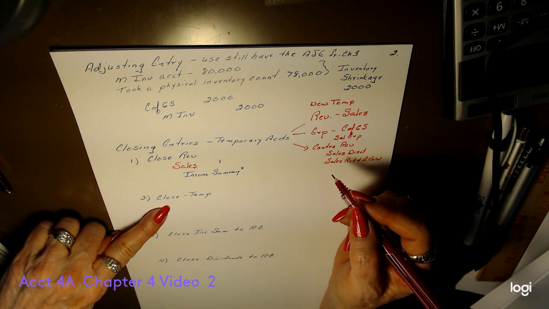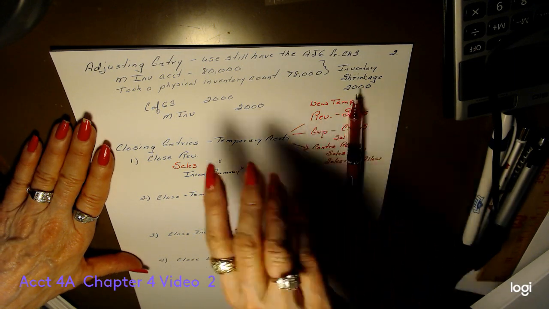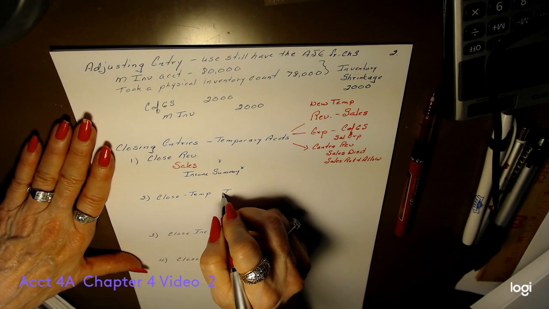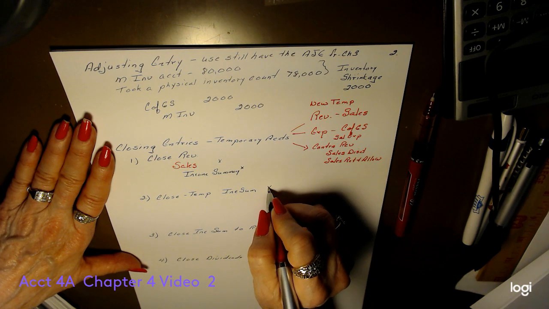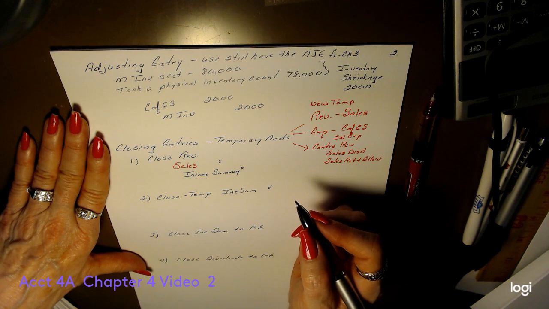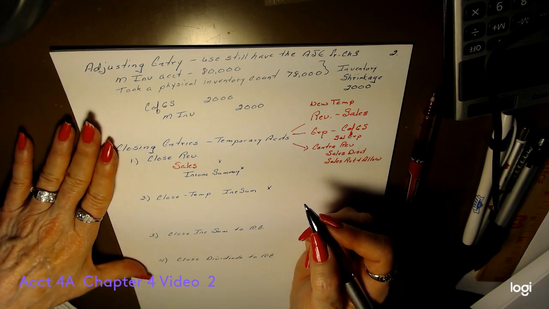We now close our temporary accounts. And so just like what we've done before, we're going to debit income summary and credit all of our new expense accounts, our new contra revenue accounts, and our old expense accounts.